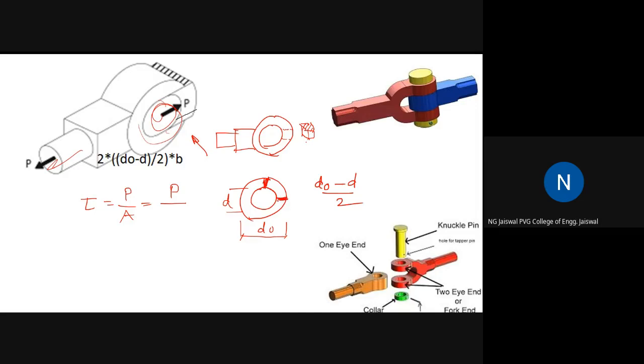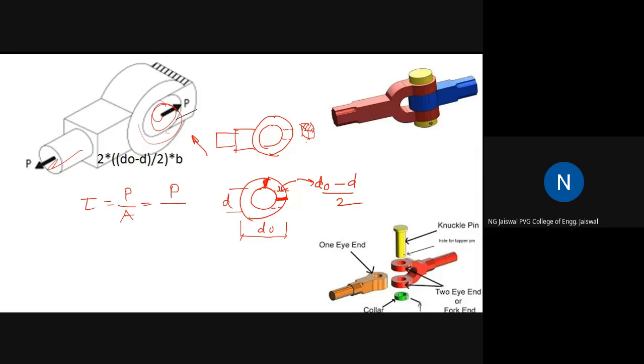So if this is a length (DO minus D) divided by 2, approximately this length, if not known to me, I will also take this length as the same, (DO minus D) divided by 2, because I don't know the length of this. I know by geometry this length is (DO minus D) divided by 2. I want this length because this much of this plane is being slided out.